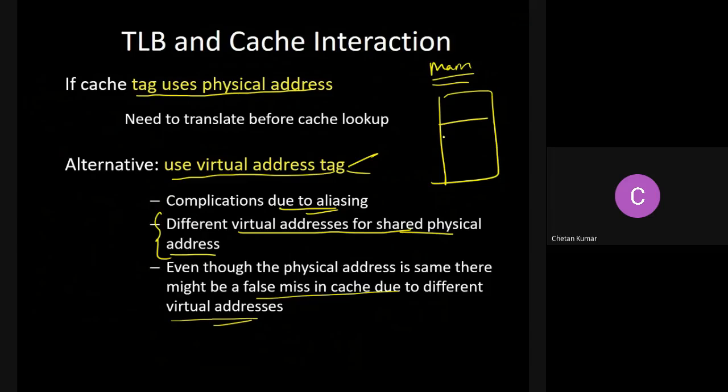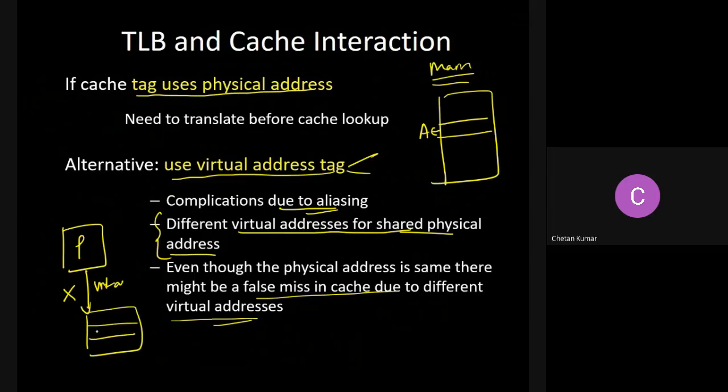Let's say there is some location in your main memory corresponding to a physical address A. Now, when you are accessing the cache with the help of a processor, you will be sending virtual addresses. Let's say the virtual address is X. You will be checking for X here. Let's assume that initially it is a miss, and later you fetch the data, and the data related to X is now available in the cache.